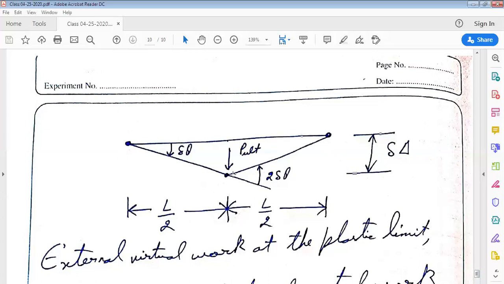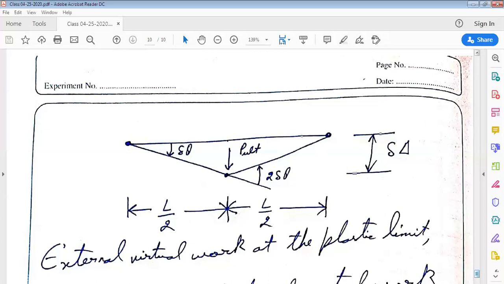When plastic deformation occurs, when the collapse mechanism is realized, the moment anywhere in the structure cannot be more than the plastic moment MP. So the maximum moment which exists in the structure during collapse mechanism is MP.